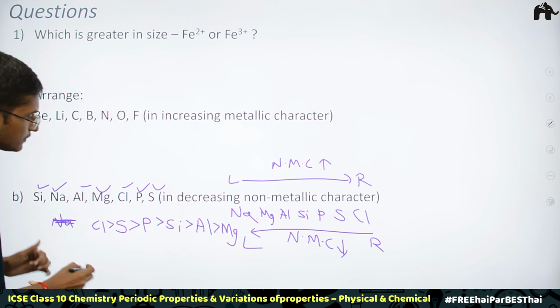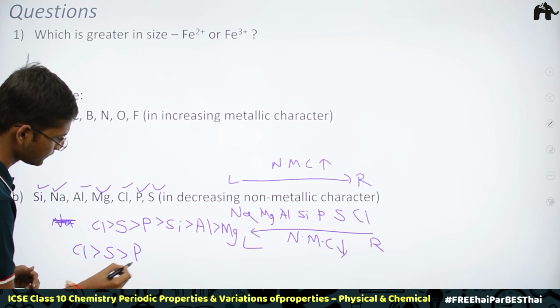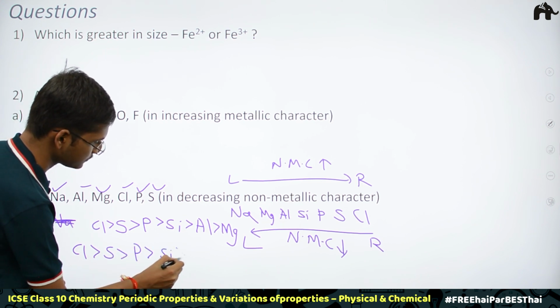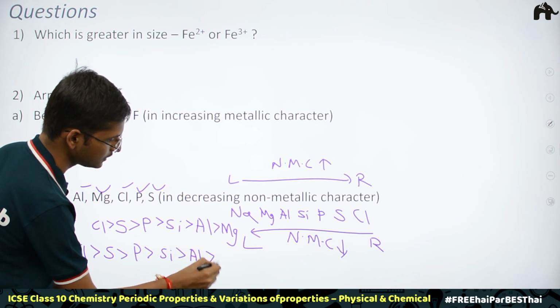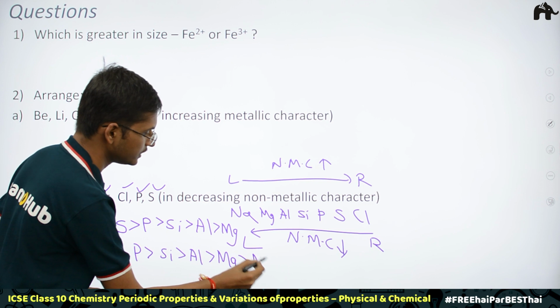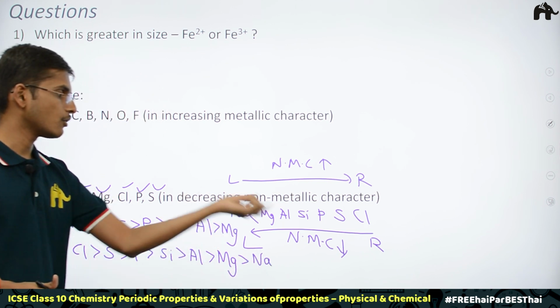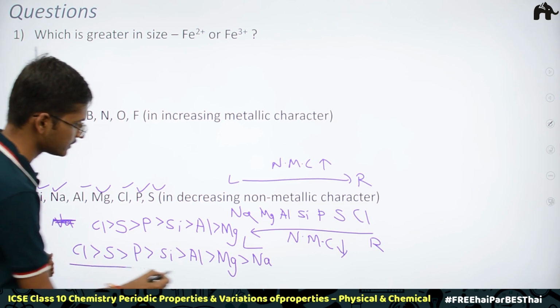And lastly sodium. I will write it here again so you won't get confused: silicon, aluminium, and then magnesium, and lastly the least non-metallic character element is sodium. So our right answer is this.